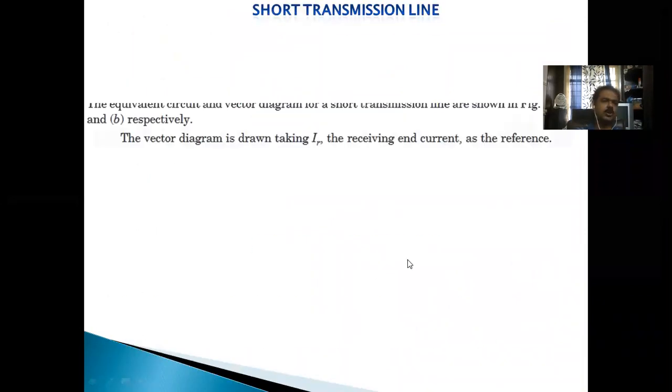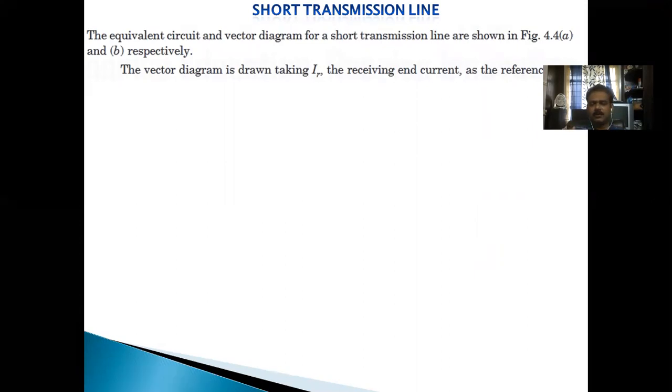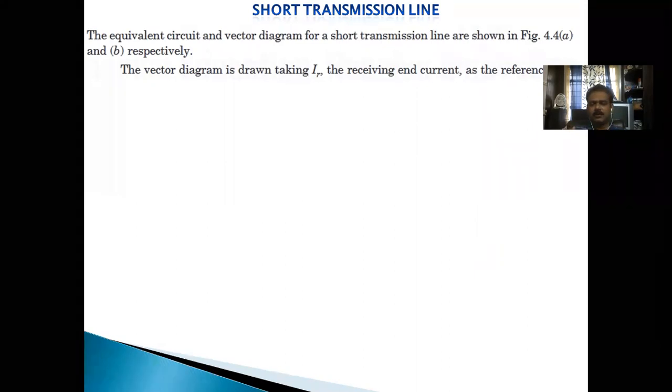Now coming to the short transmission line. Our aim is to evaluate the performance of the transmission line, meaning how a short transmission line can be represented, as the first step. The second step is to find the efficiency and also the regulation of a short transmission line.